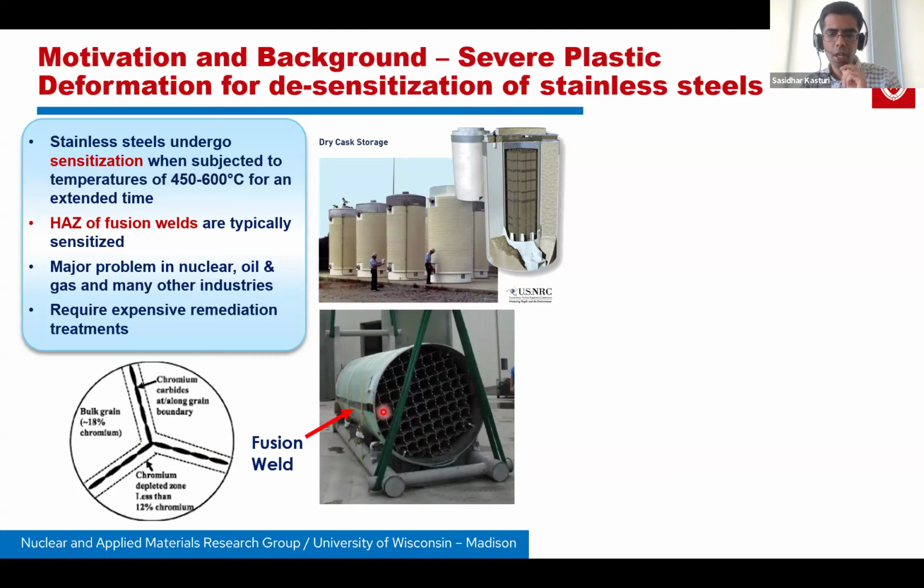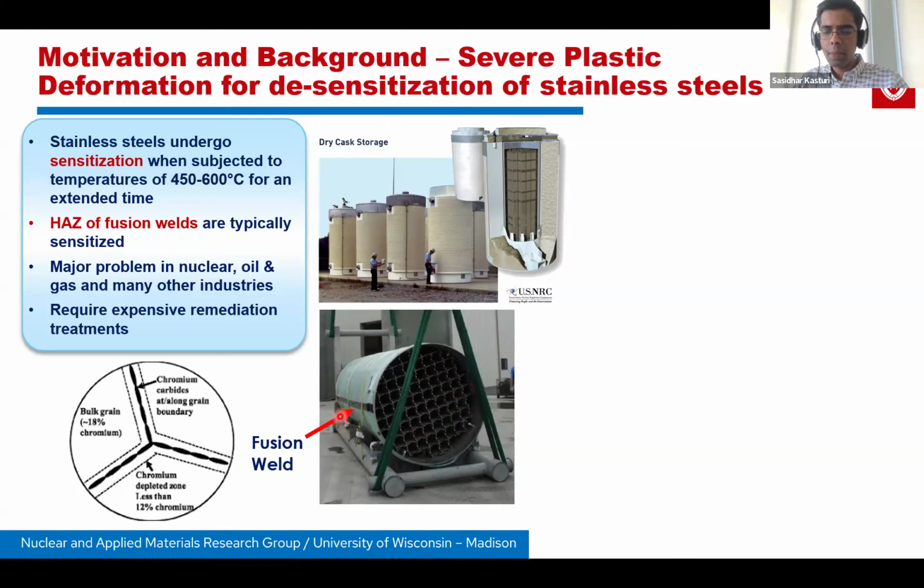To give you a little bit of context, these canisters are used as interim storage sites for used nuclear fuel rods. Before the spent nuclear fission fuel goes into a permanent repository, because of logistical reasons, they have to be stored in these interim storage sites, and they may have to be stored for anywhere between the next 50 to 60 or even more years, depending on availability of permanent storage sites.